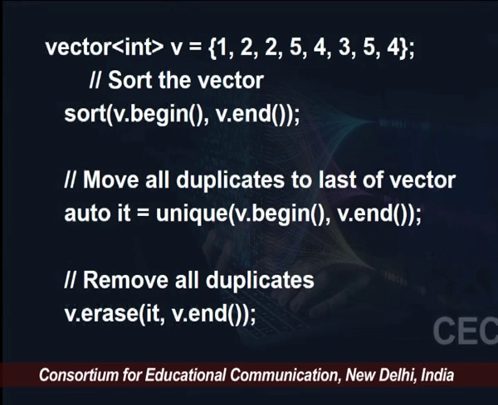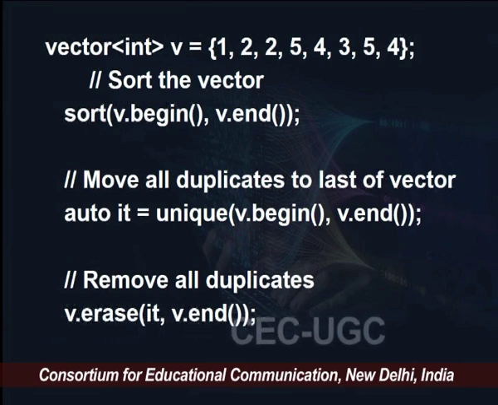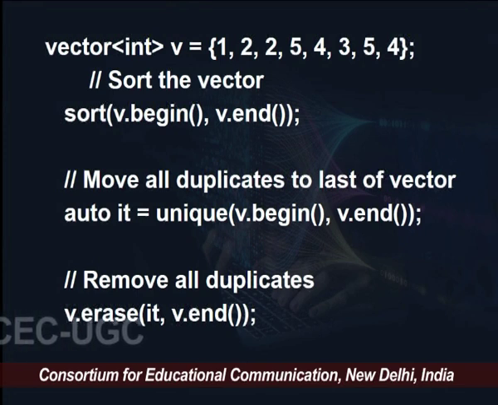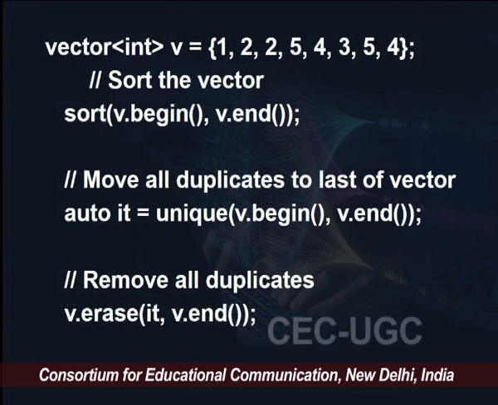Whatever elements are duplicate will be shifted to the position it, and if we want to remove all these duplicates, we will use v dot erase. Starting from it to v dot end, we erase all the elements, and the syntax of erase we have seen in detail in our previous lectures.